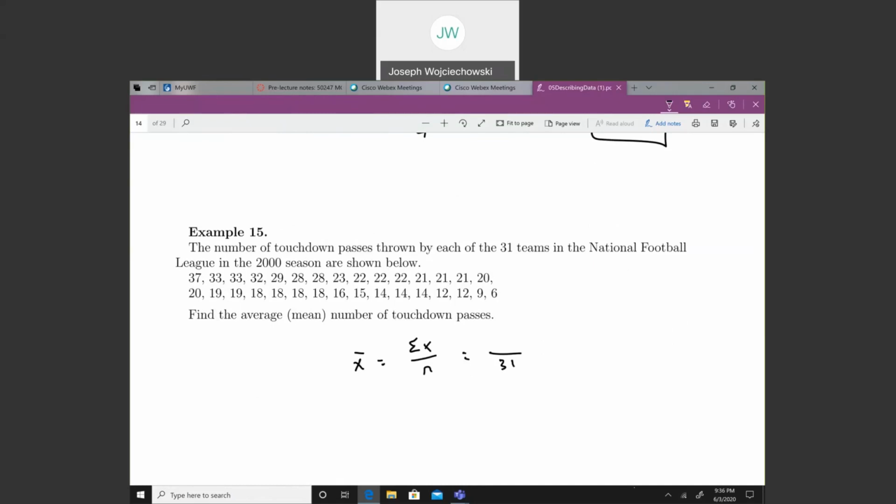So let's add up all our values and see what we get. Lots of values here.